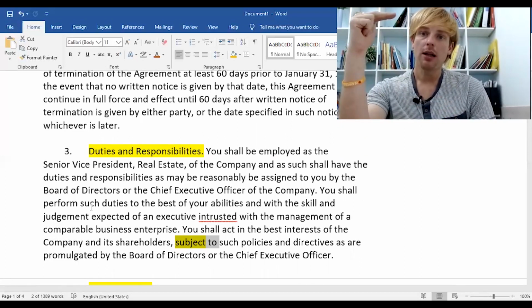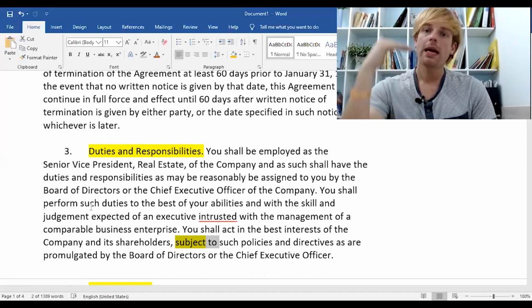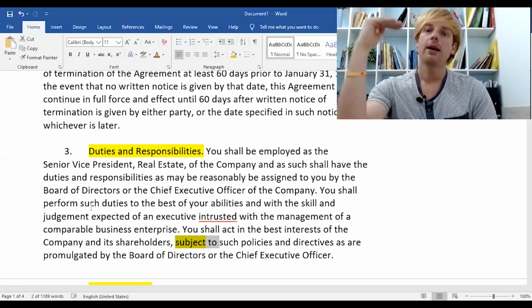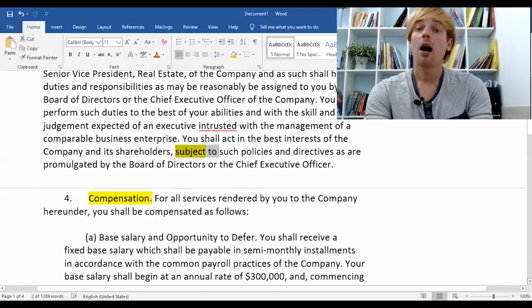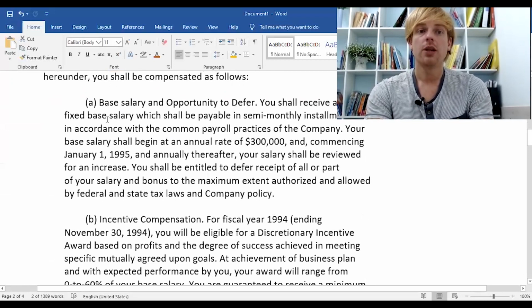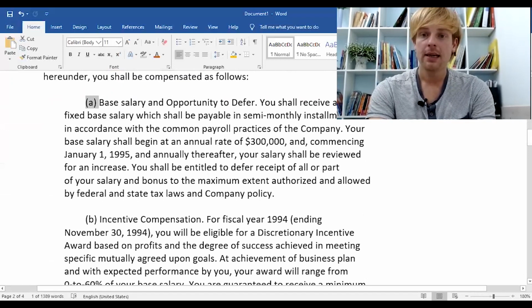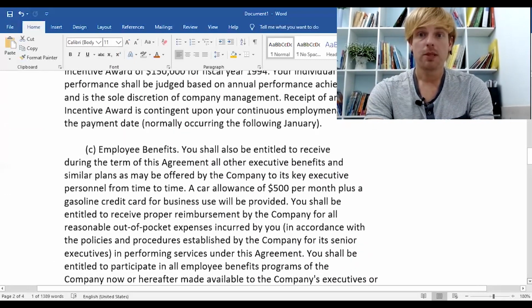Subject to these policies. Subject to this boss. Following these policies, following this boss. Compensation is another word for money. That's important. Then we have, again, these are enumerated, A, B, C. Again, these are conditions, terms.